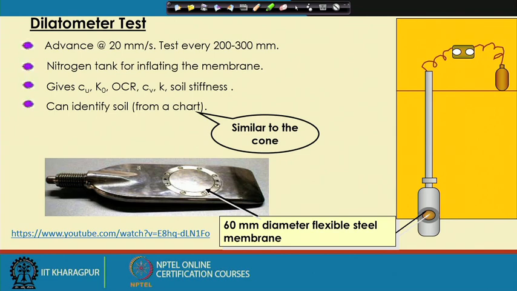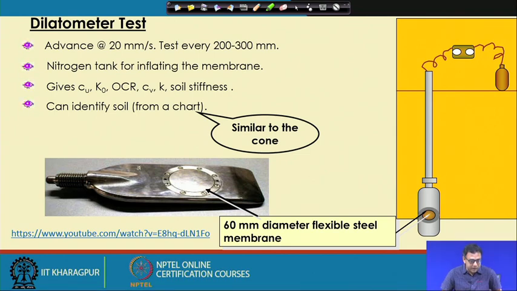Similarly, we discussed the dilatometer test, where a nitrogen tank is used to inflate the membrane.